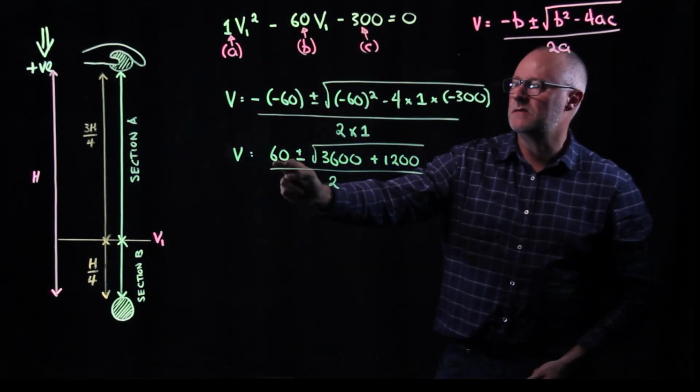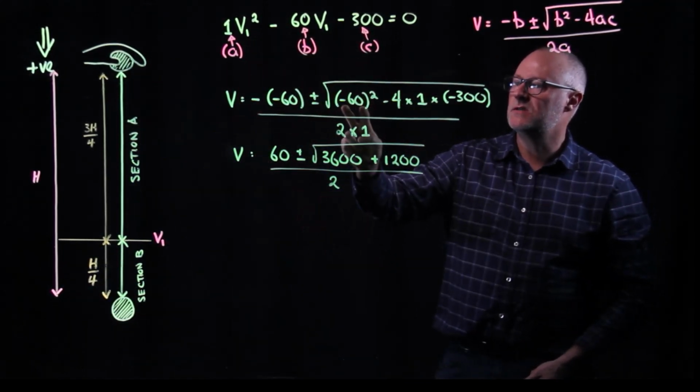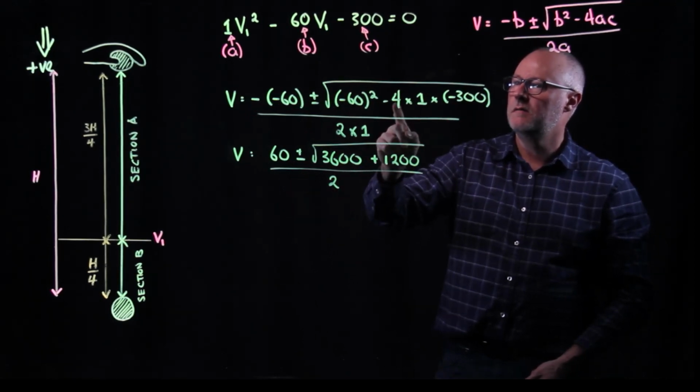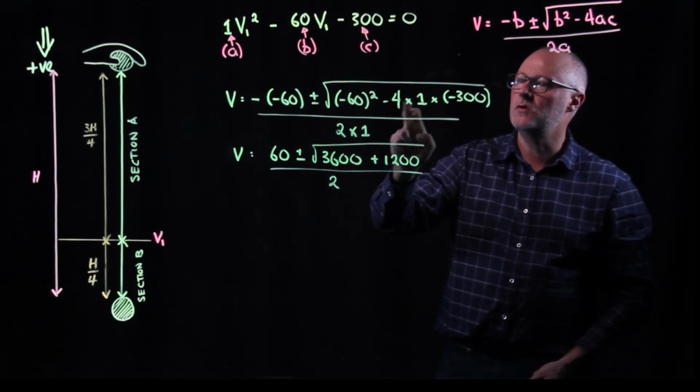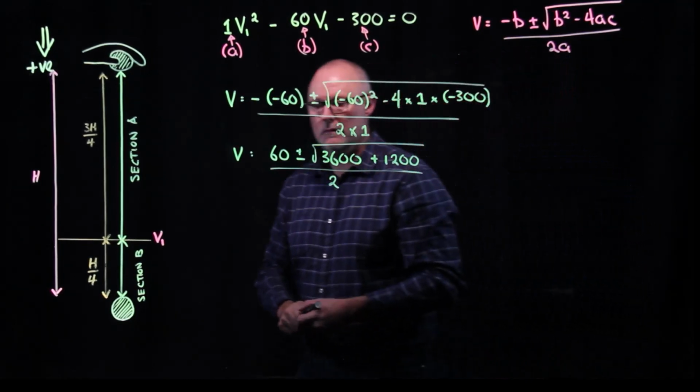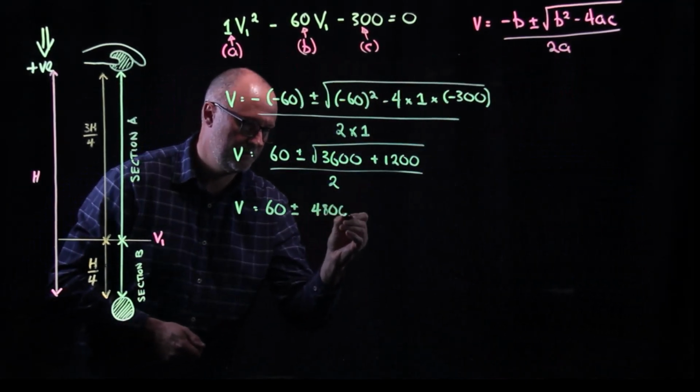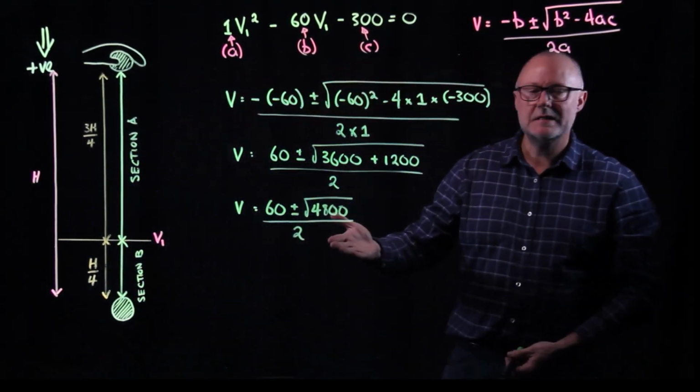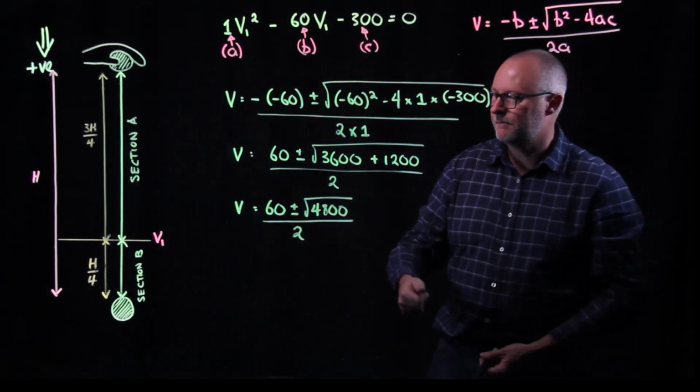Okay, the two negatives make this a positive 60. Negative 60 squared gives me 3,600. 4 times 300 gives me 1,200, and the two negatives give me a positive. And I'm dividing that by 2. Let's simplify further.